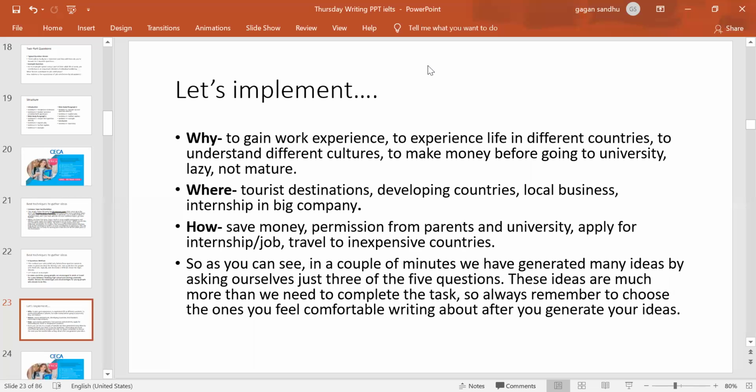This is how we are learning about life, right? Also, in inexpensive countries, you can afford the budget. If you've got a limited budget, you can still go there and spend your time there. So you can see how this 5 question strategy works, right? You need to connect the dots here.